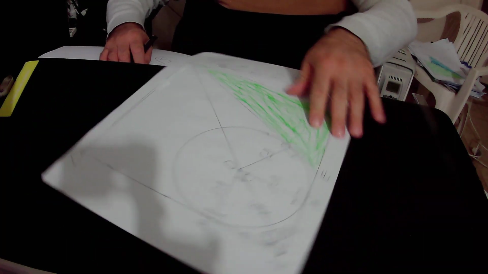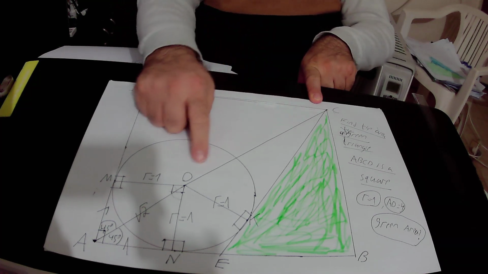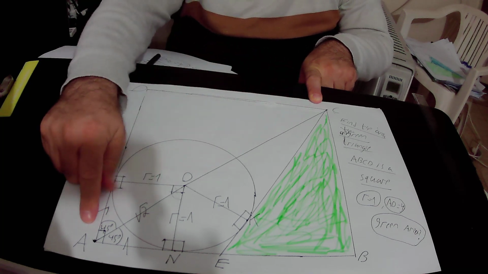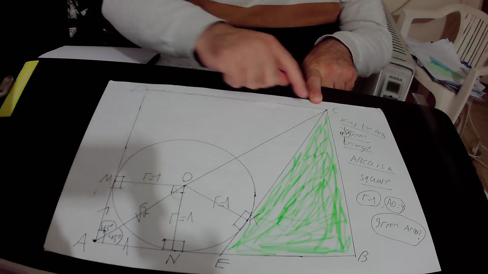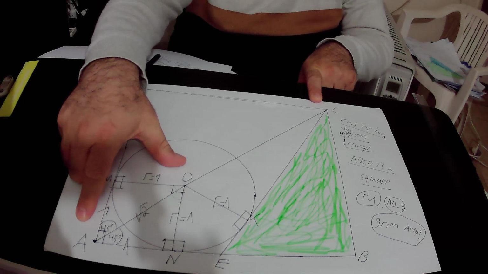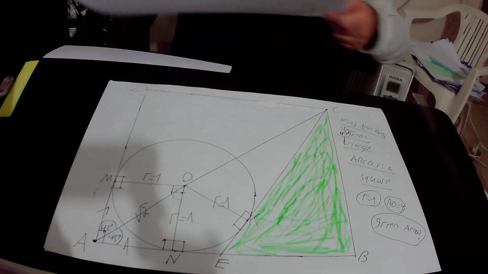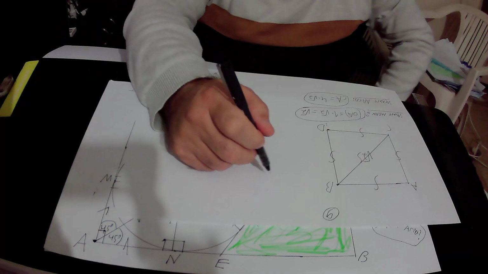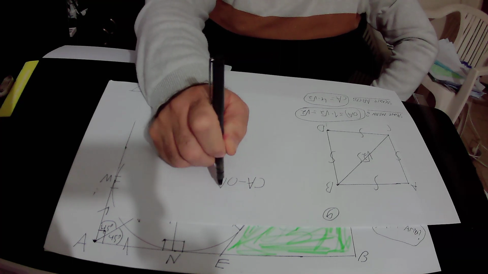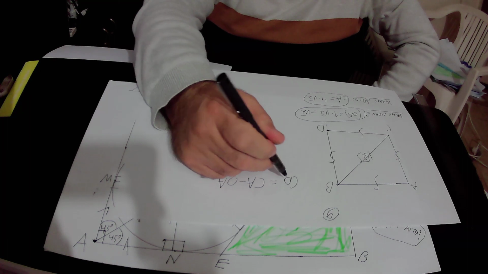And what is the value of CO? The value of line segment CO is equal to CA minus OA. You can see it from the drawing.